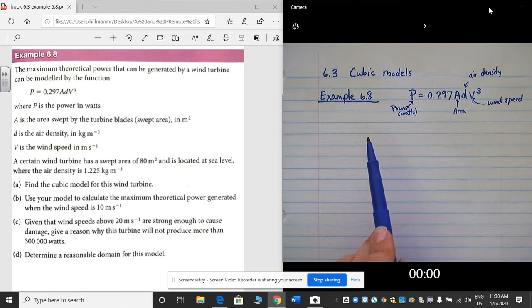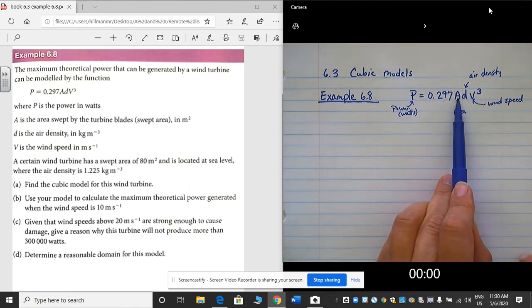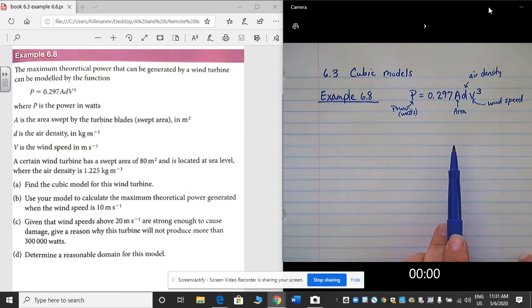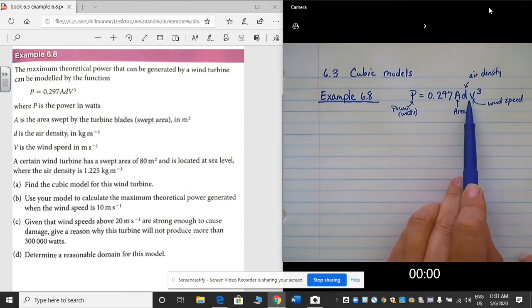Now, reading the next part of this document: a certain wind turbine has a swept area of 80 meters squared. So they're giving me an A value of 80. It is located at sea level where the air density is 1.225. Again, they're giving me a D value.